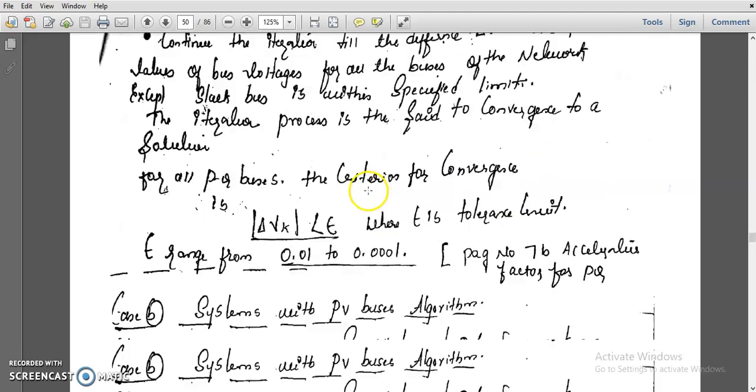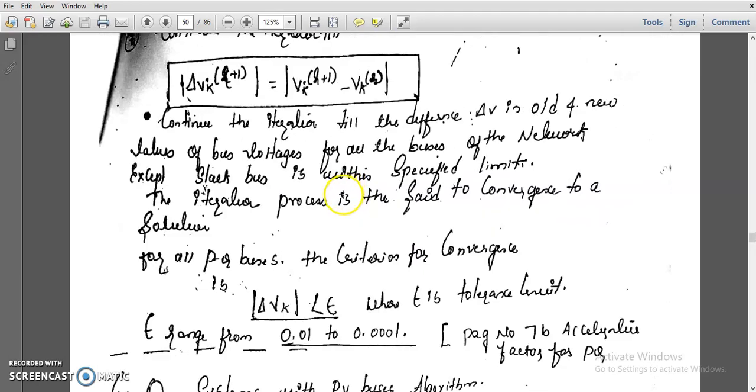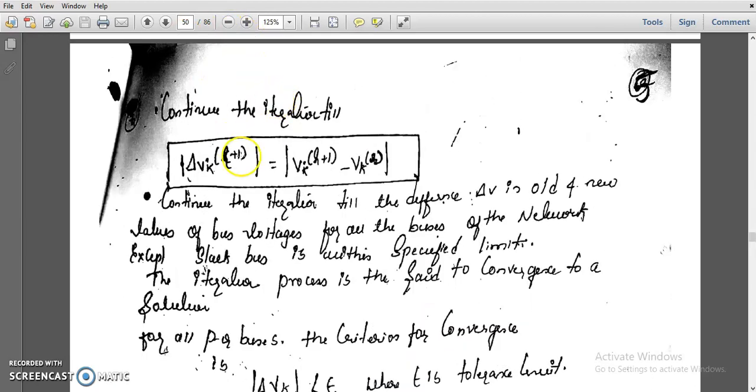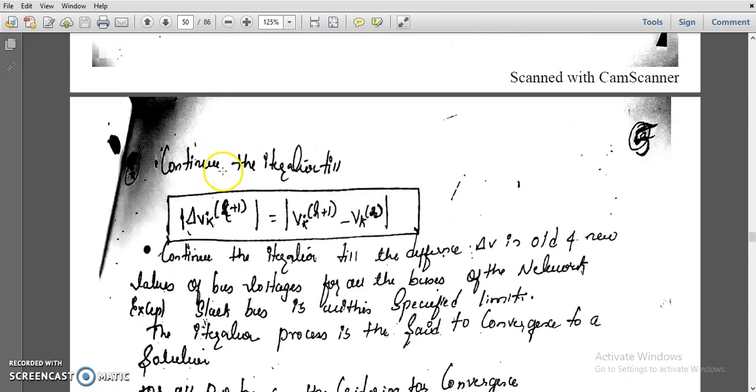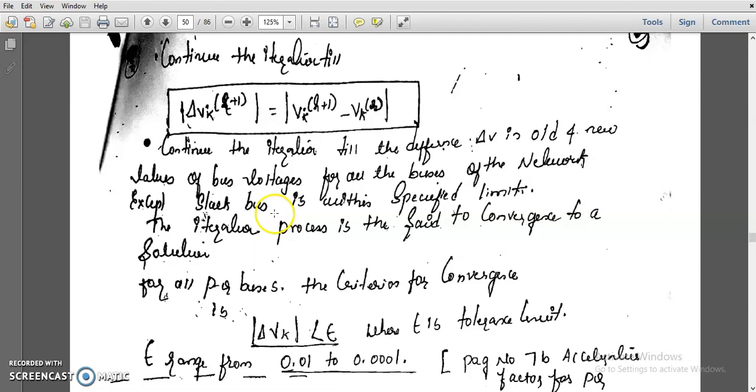Sometimes they specify the convergence condition in the problem. Whatever value we got here for Vk raised to r plus 1, that we substitute here. This is the criterion for convergence.